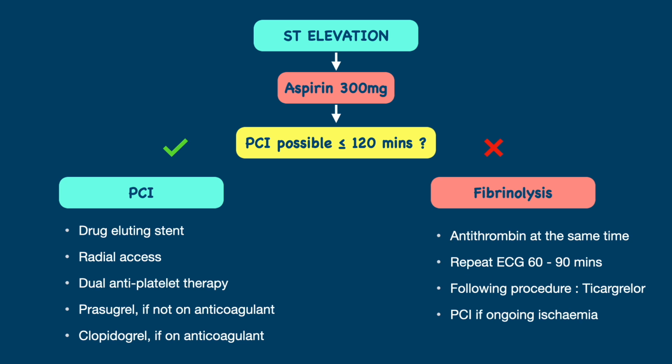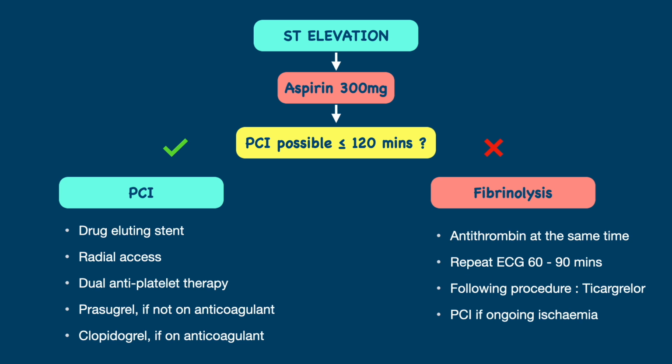If they cannot be transferred to a larger hospital for PCI within 120 minutes, then fibrinolysis should be given. If the patient's ECG taken 90 minutes after fibrinolysis failed to show resolution of the ST elevation, then they would require transfer for PCI. If patients are eligible, they should be offered as soon as possible.